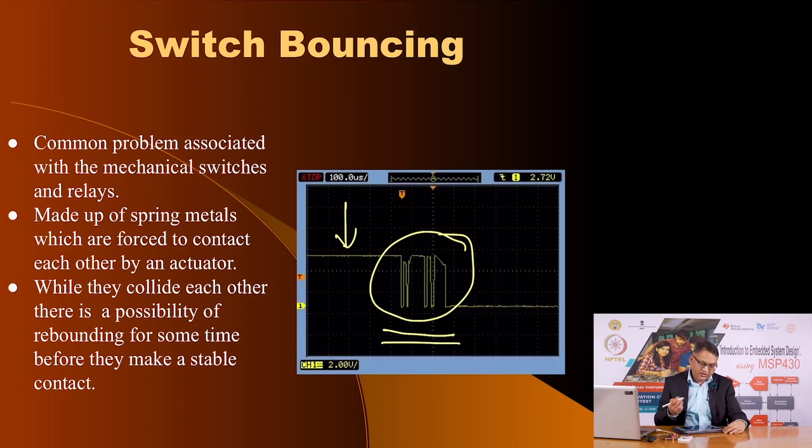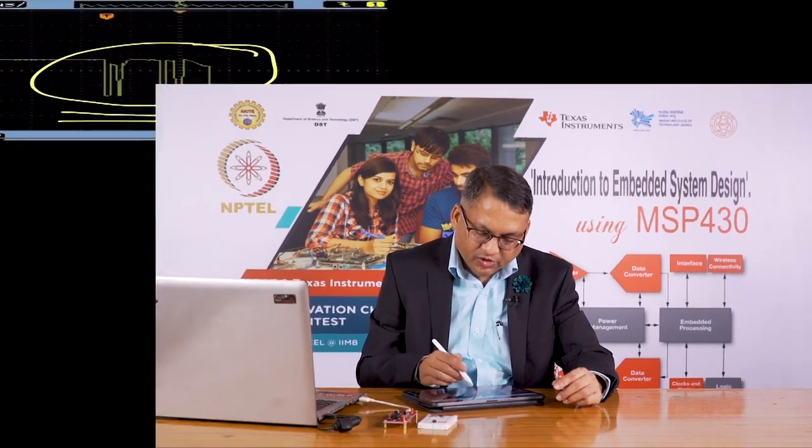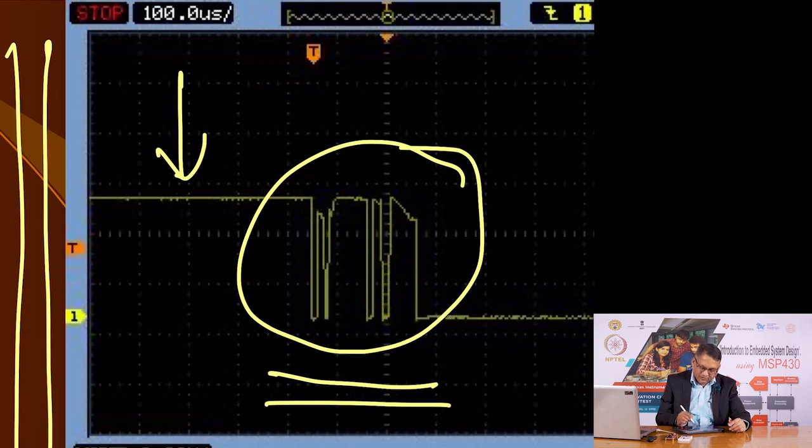The bouncing is because of the mechanical nature of the switch, a spring, which has fluctuations. Now, we cannot have a bounce in our program, because even though the switch was pressed only once, if the program does not remove this bouncing, it will conclude that it was pressed once, twice, thrice, 4, 5 times, and it might do 5 things, but we know that it was pressed only once.